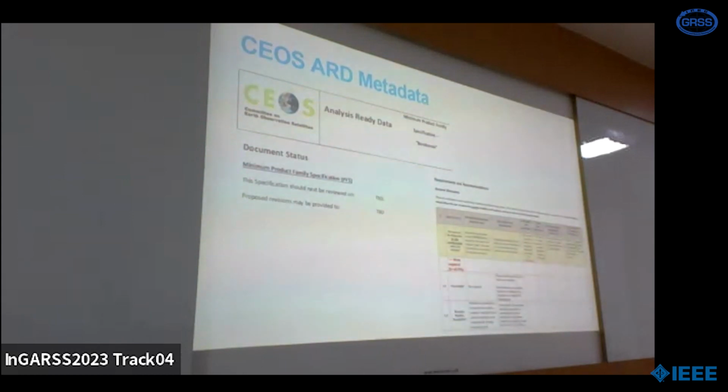Did you see that document? There are two categories. There is general metadata and there is pixel level metadata. The general metadata has, I think, around 12 or 13, and pixel level metadata has around 9.